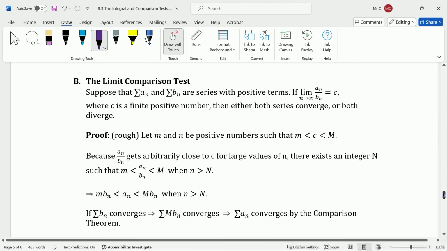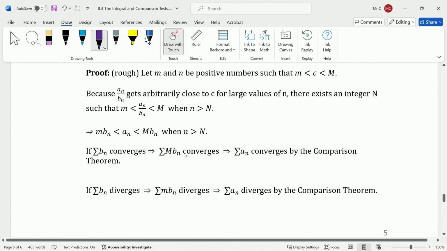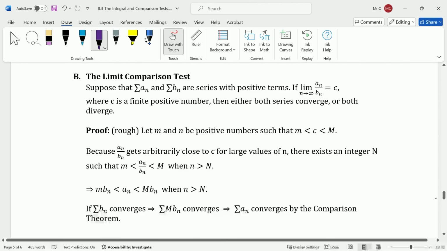So basically, what am I saying here? The limit comparison test is the comparison test, right? This proof shows you that you're just using the comparison theorem, except that it works when the comparison theorem inequalities aren't correct.